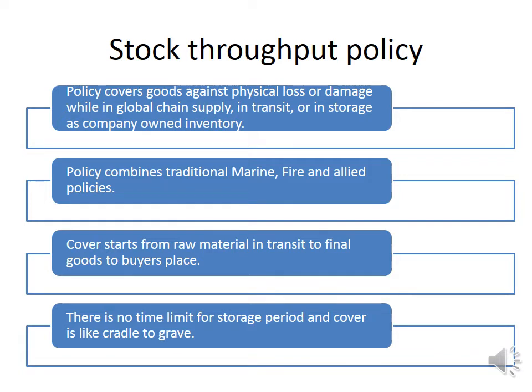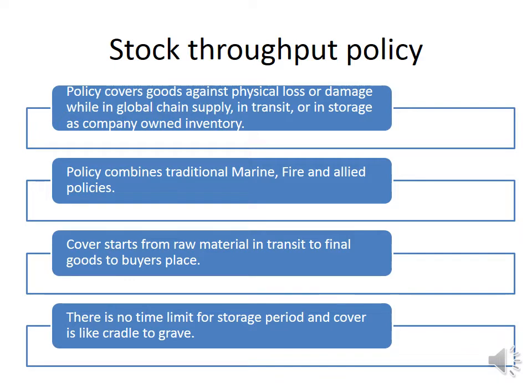They do give sales turnover policies, etc. But this policy covers goods against physical loss or damage while in the total global supply chain, in transit. During storage, even if it is the company's inventory, in the process of manufacturing and subsequent storage and transportation, all these things are covered in the stock throughput policy.